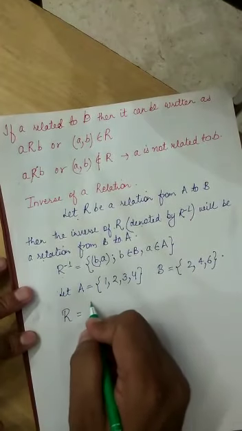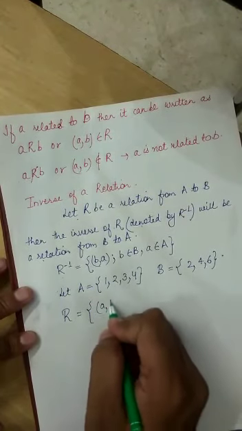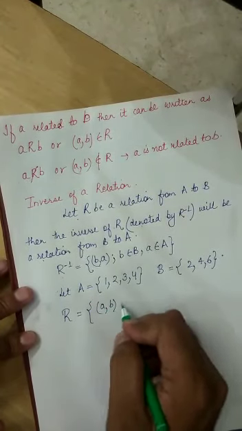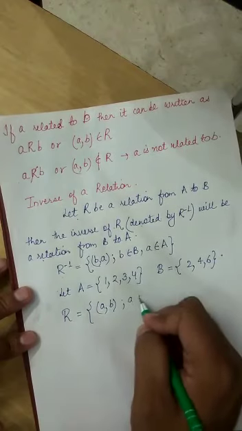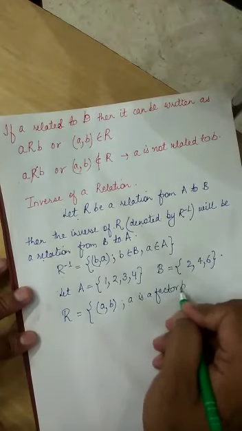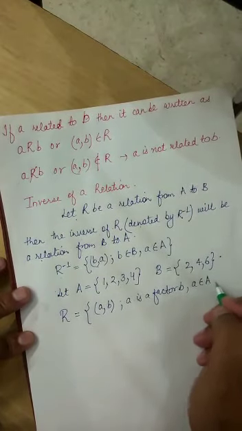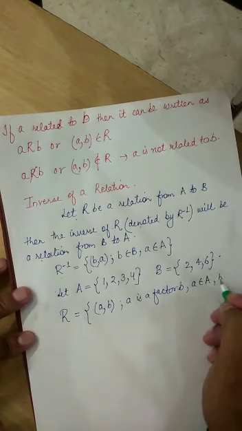Then what is the relation between A and B? (a, b) such that a is a factor of b. This is the relation between A and B, where a belongs to set A and b belongs to set B.